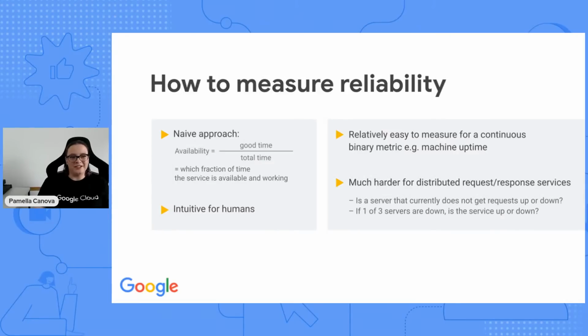If we look into a more traditional, naive approach to measuring reliability, we probably look at availability as the good time divided by the total time of a product or a service. It's very intuitive: we just divide the good time by the total time and we have a number.